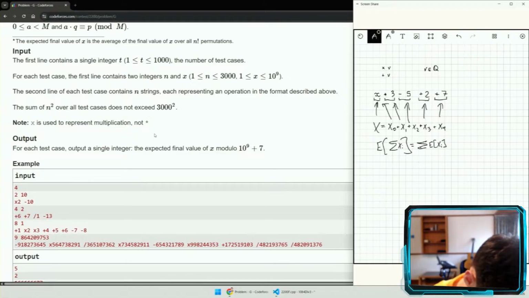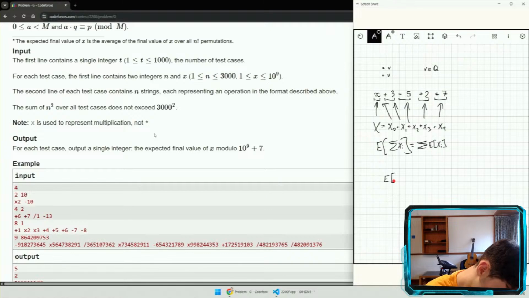So the expected value of the sum is the sum of the expected values. For each one, I just need to find the expected value of the contribution. For each of these constants, I need to find the expected contribution. Now the contribution of each one is the expected value of a product.